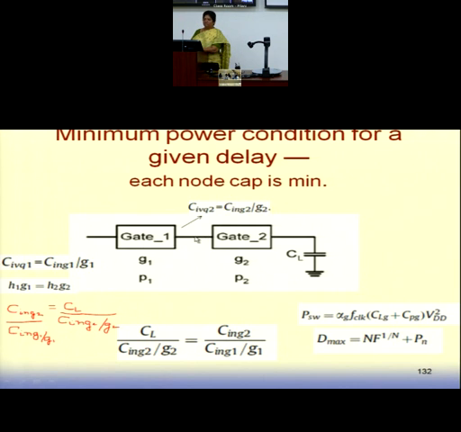What should be the G optimum I should have so that I get a minimum PDP? As I said, I will not be designing only for minimum power, because minimum power will require me to have minimum parasitic, minimum VDD. So I now have to look at the PDP, because I cannot sacrifice my delay.